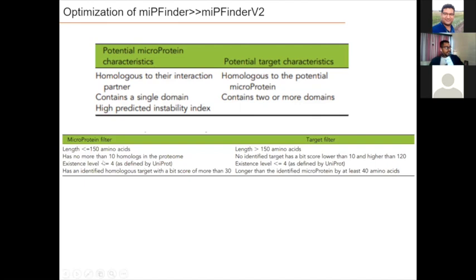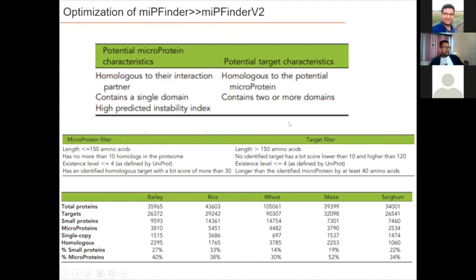And then microproteins should have an existence score less than or equal to 4 on UniProt, because a lot of proteins we identified were in the UniProt database. So we also put a filter on the target. There are a lot of filters. Those came with the previous microprotein finder pipeline developed in the lab, and then we improvised everything.